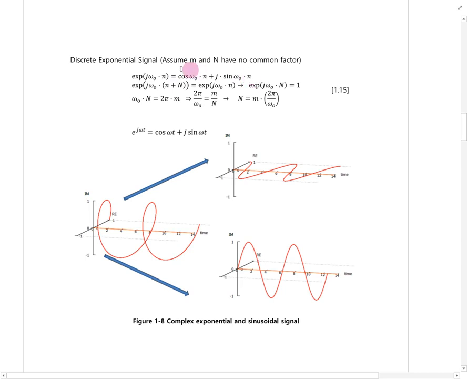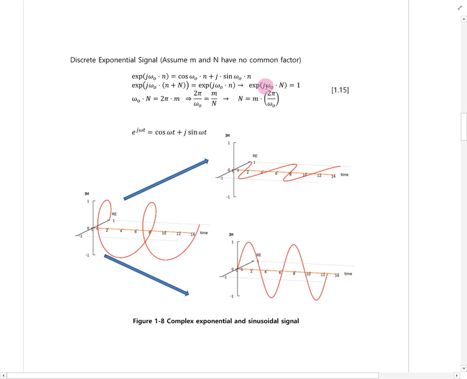In this sinusoidal signal, we assume that the period is N. Then it should satisfy these conditions: exponential j omega 0 times (n plus capital N) should equal exponential j omega 0 times n. This is the definition of the period, so N becomes the period.